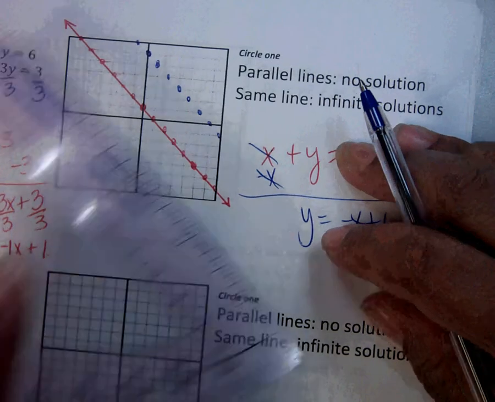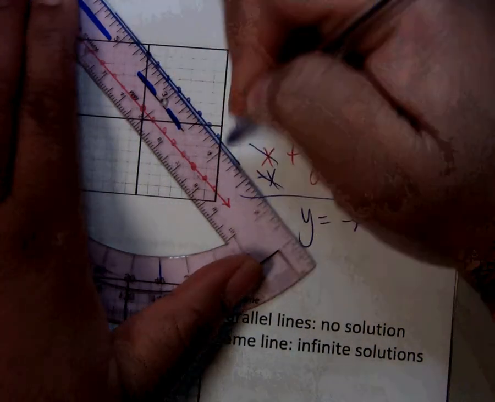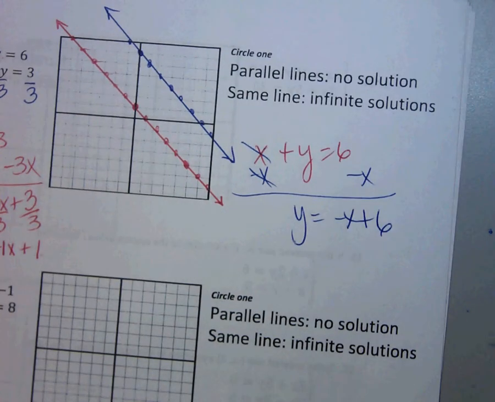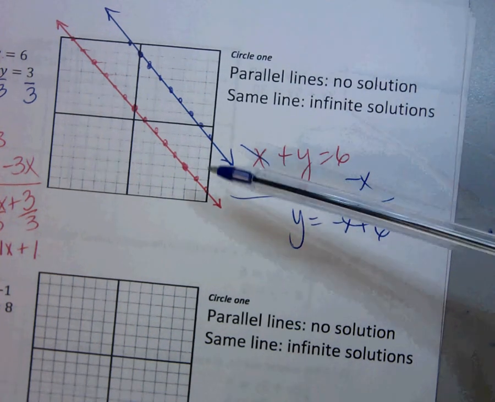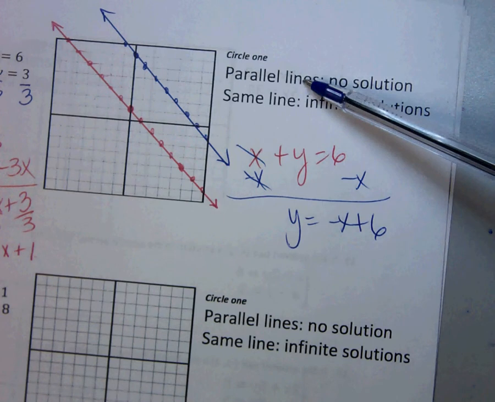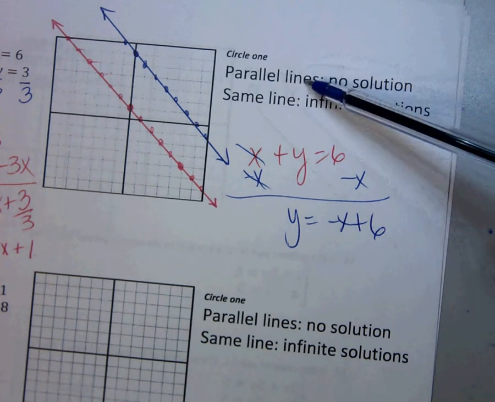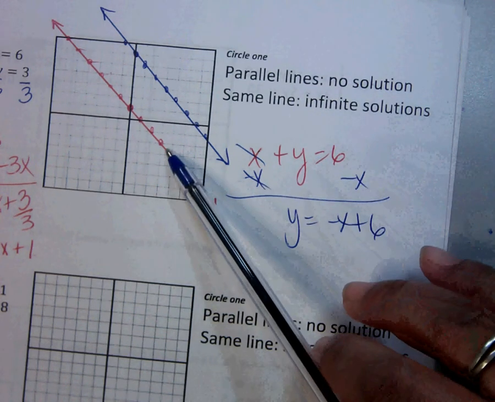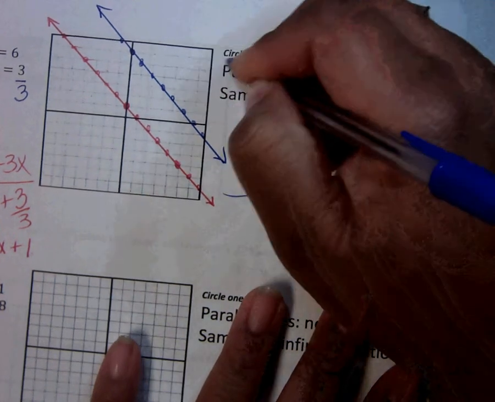When you connect it, if you notice, they don't cross. And what I had to do was be careful about the way I wrote the answers that you circled. I knew you knew what parallel lines were. These are parallel. So I wanted to put that there so you would know to circle this one, but I don't want you to ignore the words after parallel lines, because the point of this problem is to help you to understand what no solution problems look like.